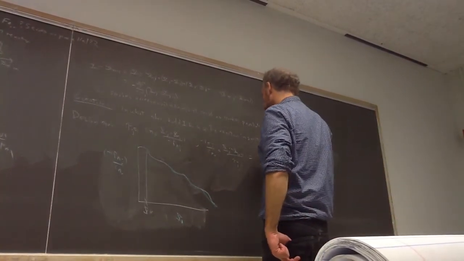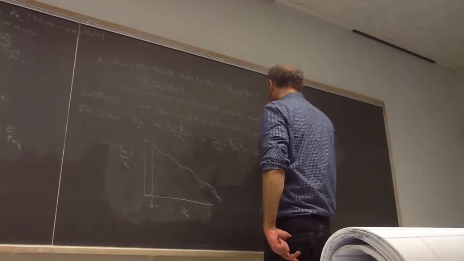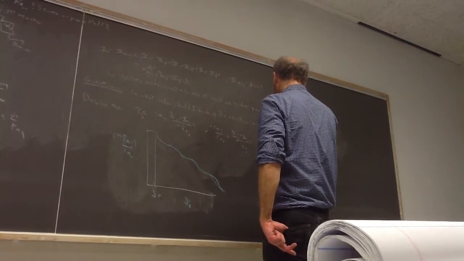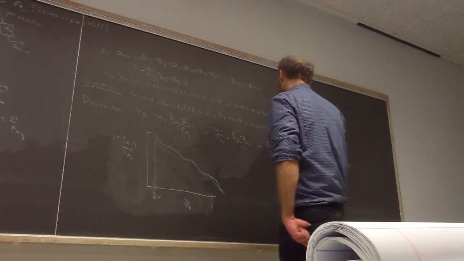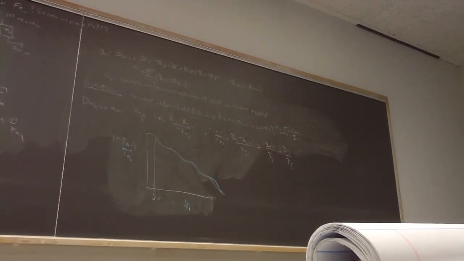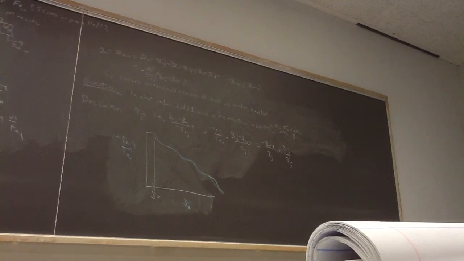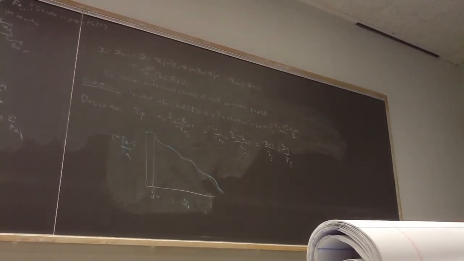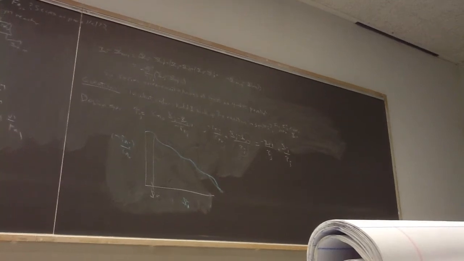This is equal to minus xj minus 1 over tau j plus xj over tau j. All right, so this is the equation of a straight line.